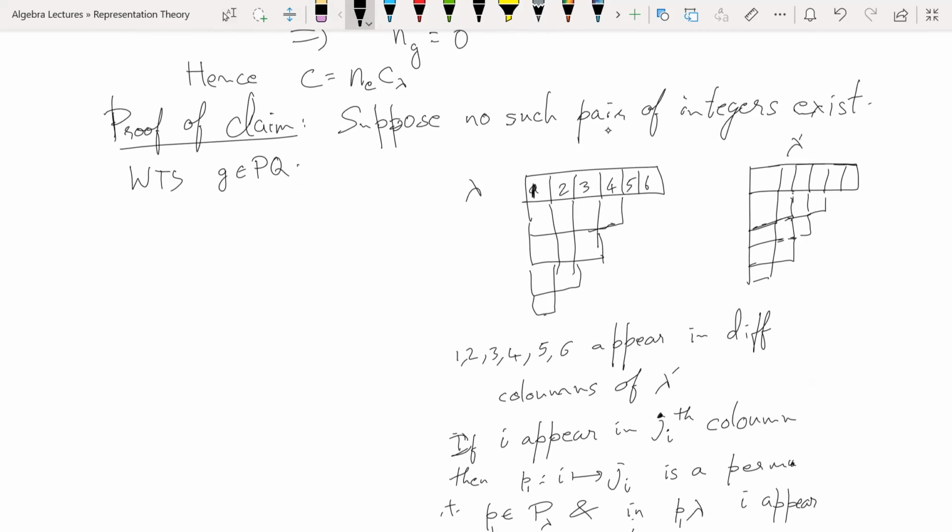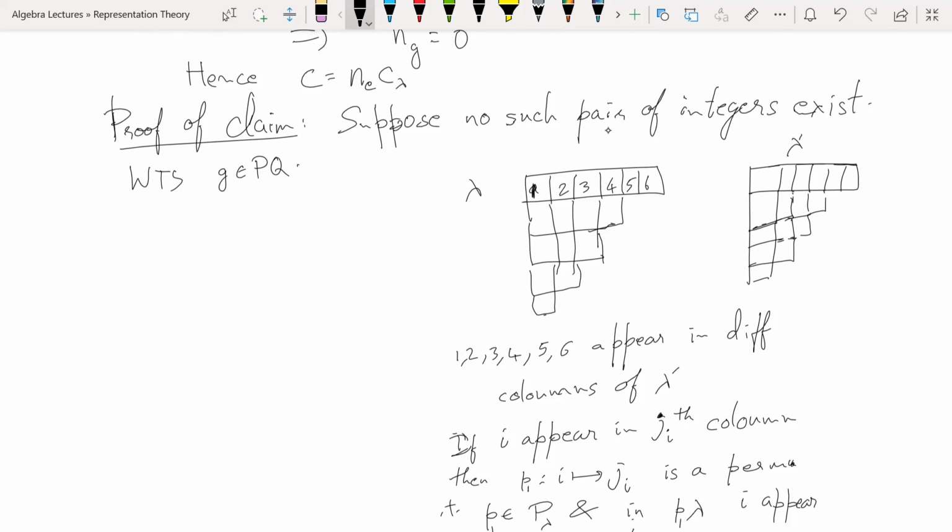So we are looking at the first row, which has the maximum number of columns, which is the longest one. This i going to j_i is a permutation of these 1 to 6.